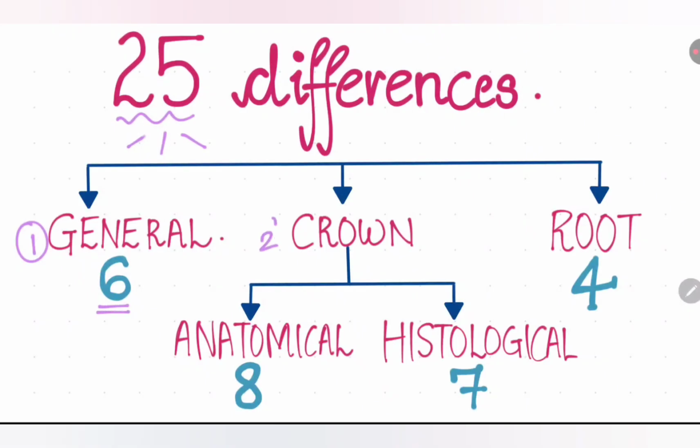The second one is the crown category, which is the differences in the crown of permanent and primary teeth, in which we have 15 differences. We divide these 15 differences into anatomical differences and histological differences. And lastly, we have root, the differences between the roots of permanent and primary teeth. We have 4 differences.